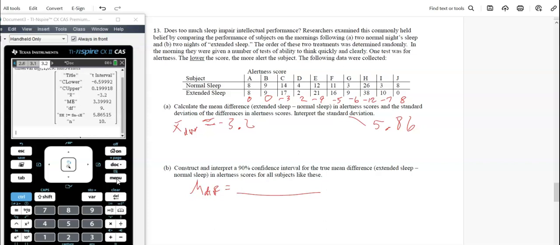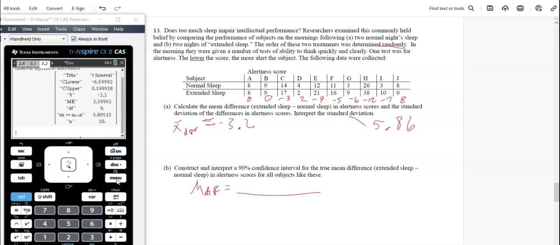We're going to do a one sample t interval. Check the conditions. Random, I'm looking for it up here. Let's see the word random. Oh, the order was determined randomly.